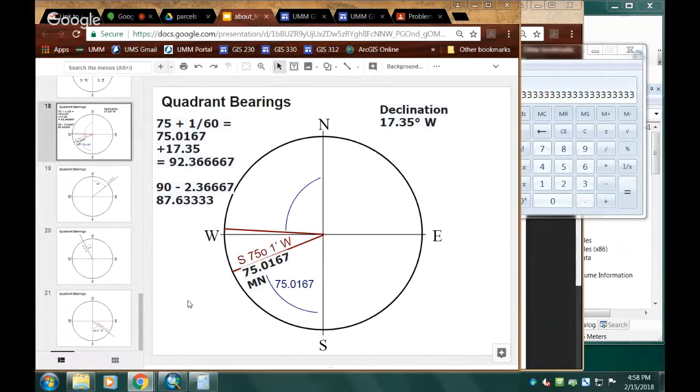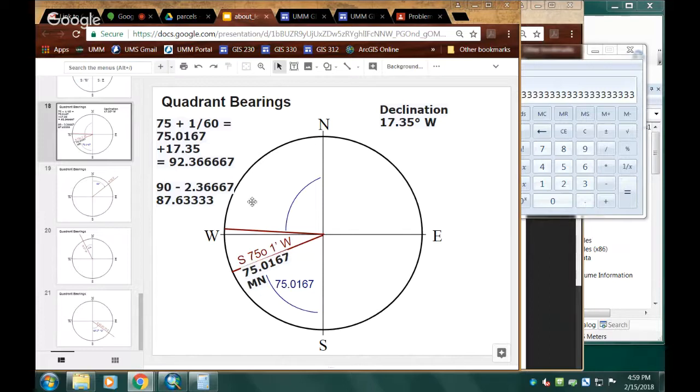It's really important that you remember this concept so you can think through and make sure that you put the correction in the right direction. Because if you put the correction in the wrong direction, all of your directions will be 17 degrees off in the wrong way. That's a real bummer. And I've had it happen to me. You're like, wait a minute, that parcel is not where it's supposed to be. And then all of a sudden you realize, oh, I told it that the declination was in the wrong place.